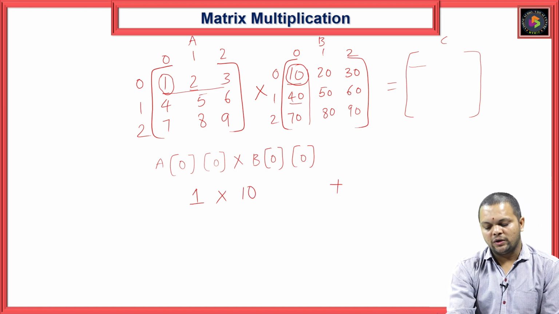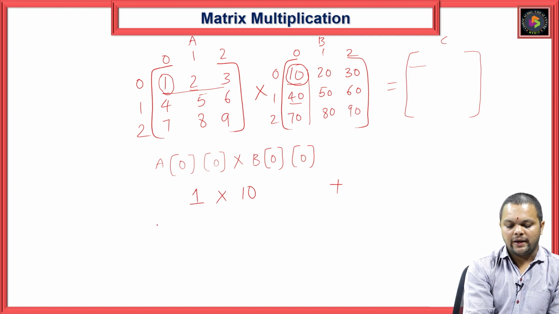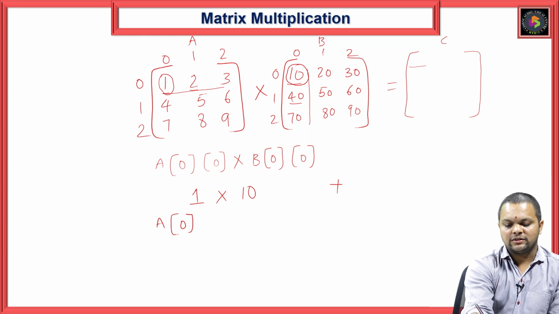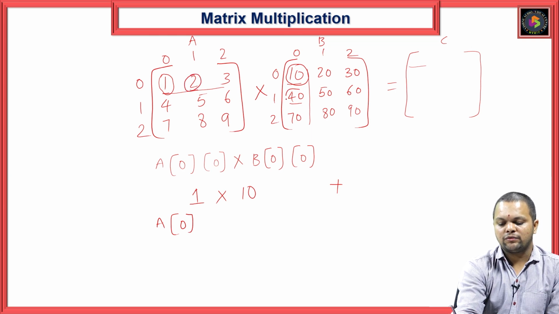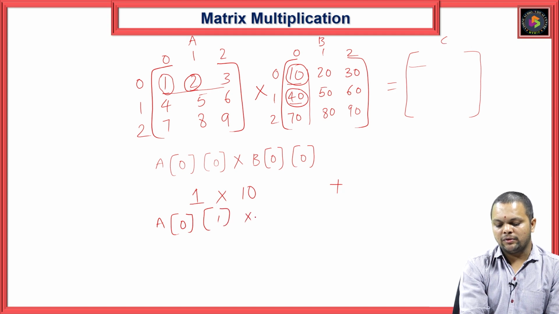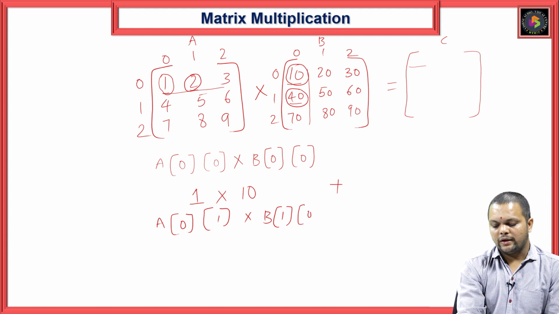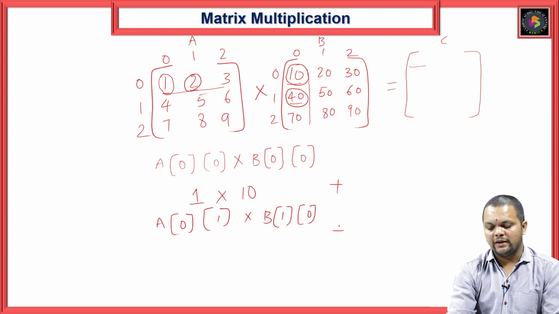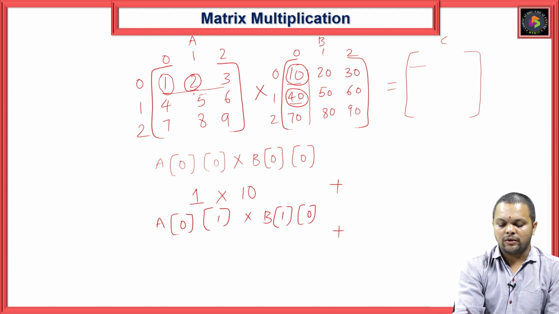Plus, what is the second iteration we have? A of 0, 1 should be multiplied with B of 1, 0. A of 0, 1 is nothing but 2.